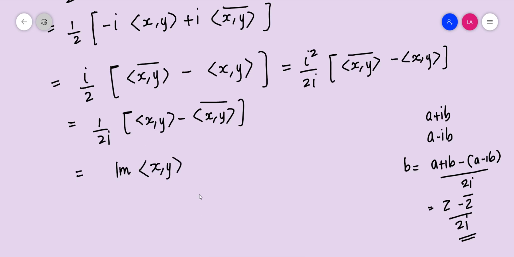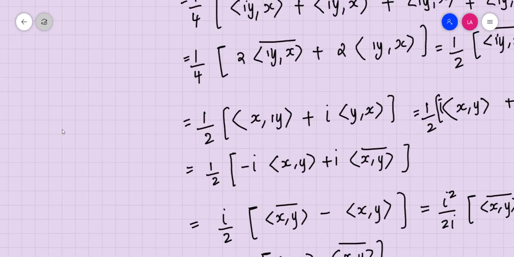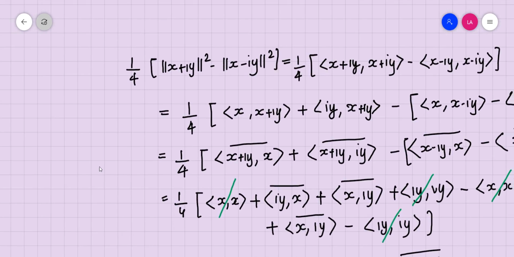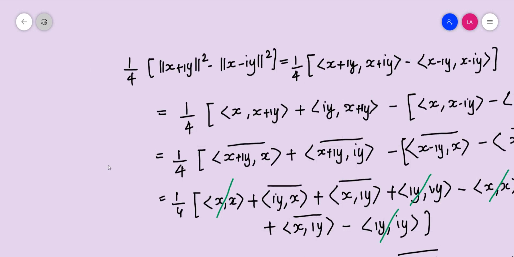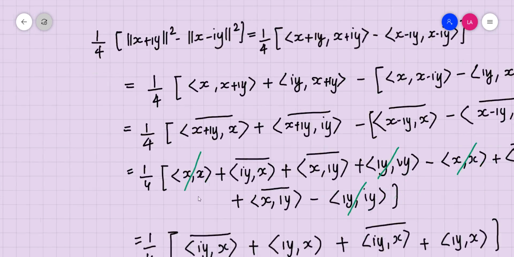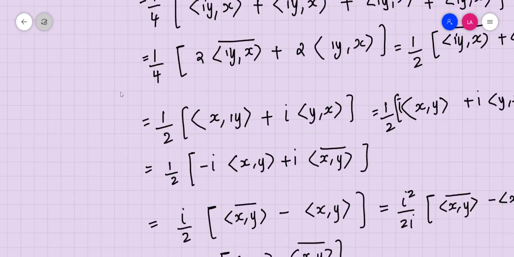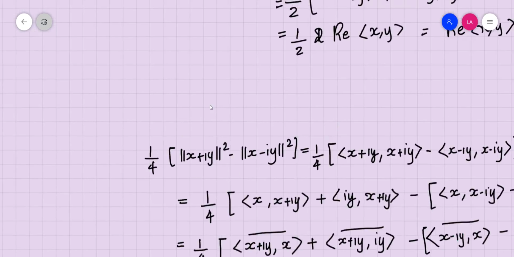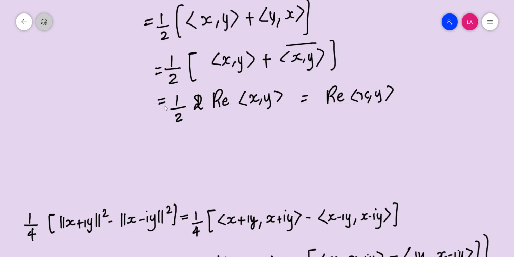So we have started from the argument that 1 by 4 times norm of x plus iy the whole square minus norm of x minus iy the whole square. So then we have proved that this should be equal to the imaginary part of inner product xy. So we have established the relationship connecting the real part of inner product xy with respect to the norm and the imaginary part of inner product xy with respect to the norm.